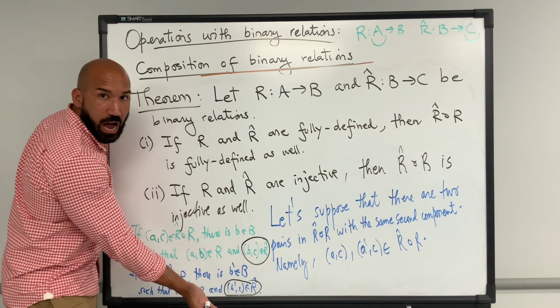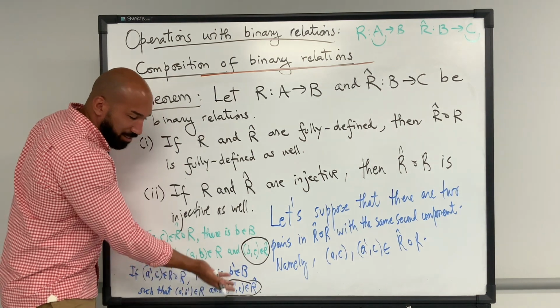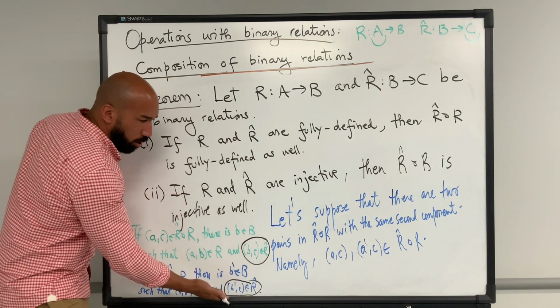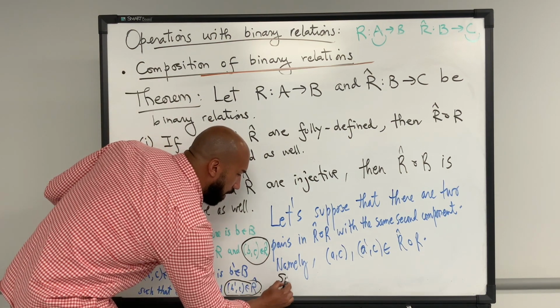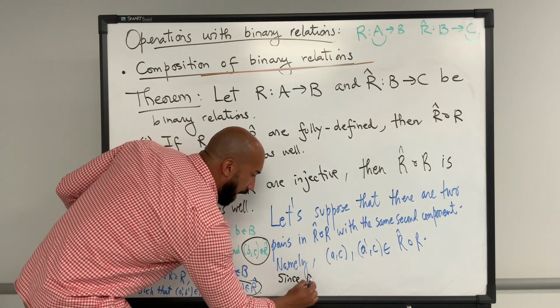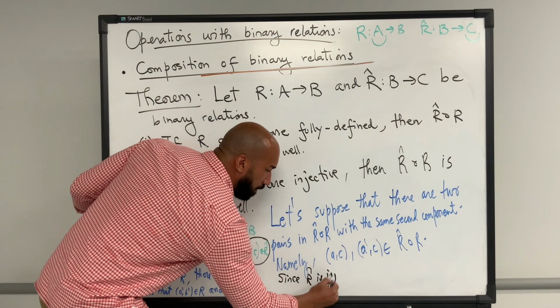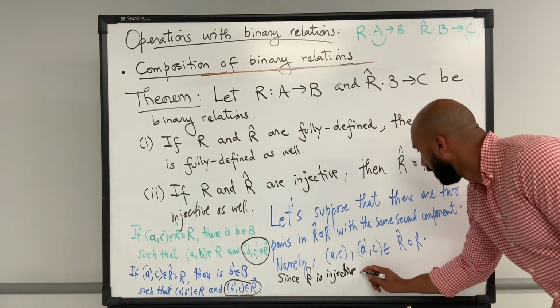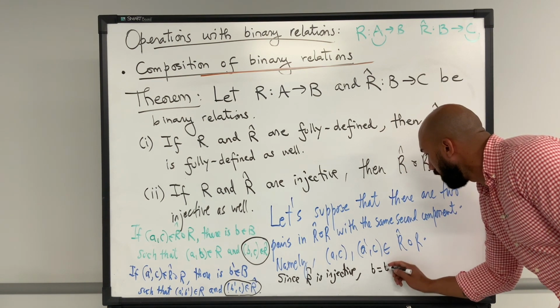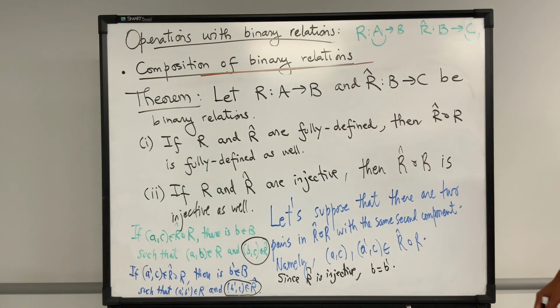Well, but we haven't said that those two are different. Since it's at most one, those two must be the same. So since R hat is injective, B must be equal to B prime. Is that okay?